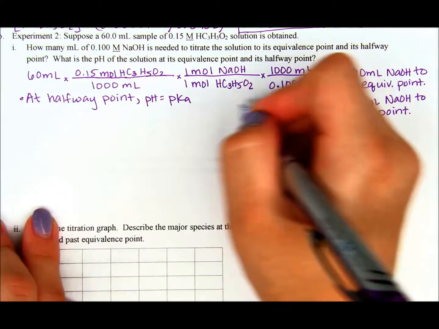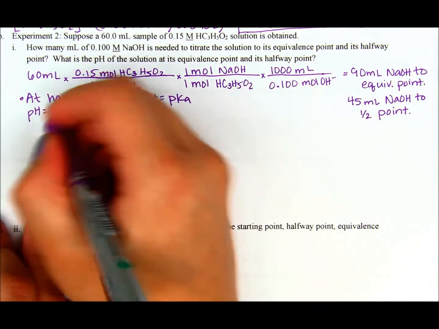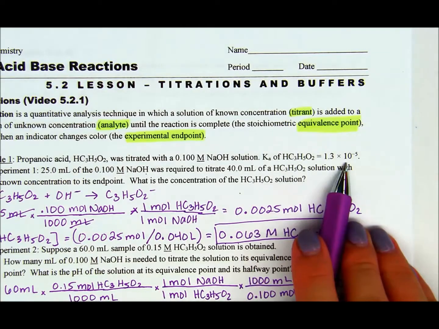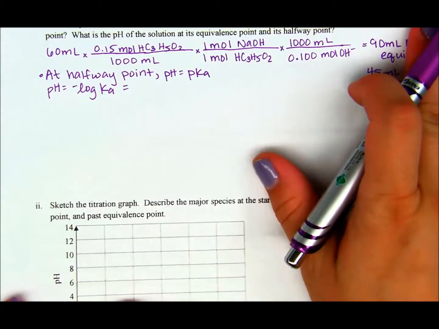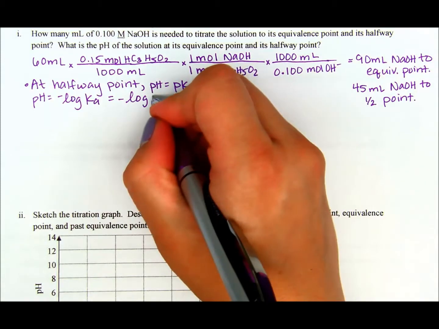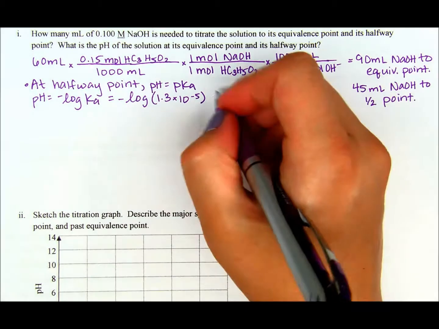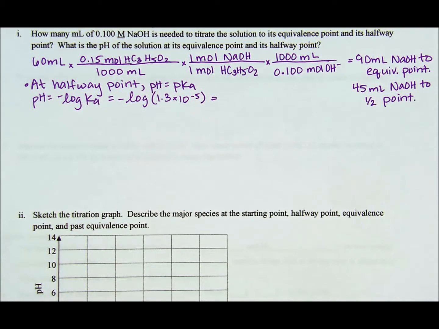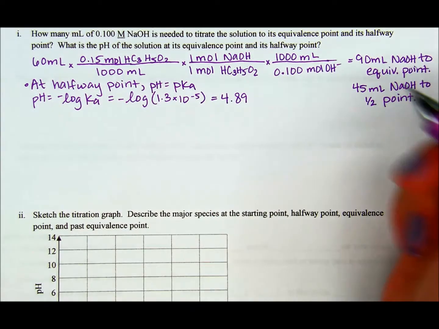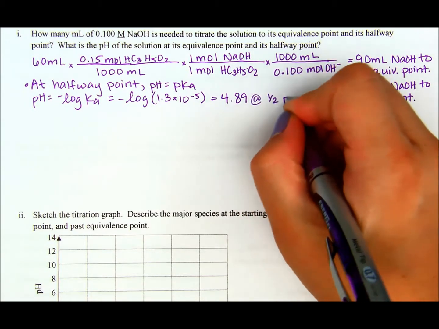So that means pH is going to be equal to the pKa, which is the negative log of the Ka, which is equal to the negative log of our Ka, that's right here, negative log of 1.3 times 10 to the negative 5. Go ahead and plug that into your calculator. And you should get 4.89. And so the pH then is just 4.89 at the halfway point.